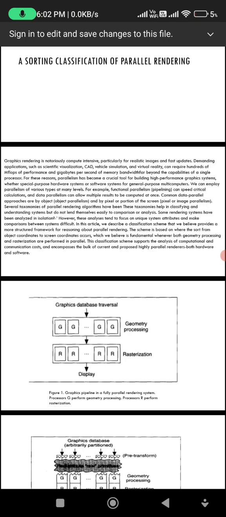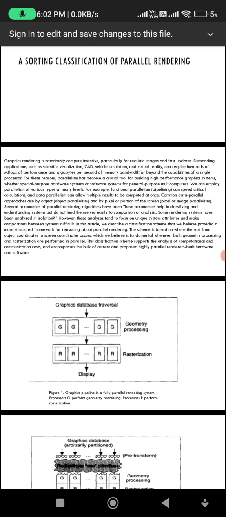Several taxonomies of parallel rendering algorithms have been proposed. These taxonomies help in classifying and understanding systems, but do not lend themselves easily to comparison or analysis. Some rendering systems have been analyzed in isolation.